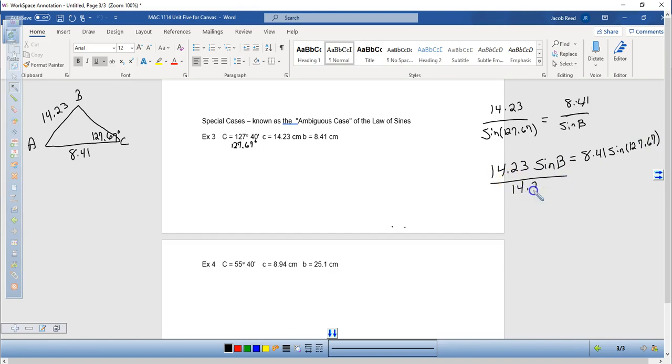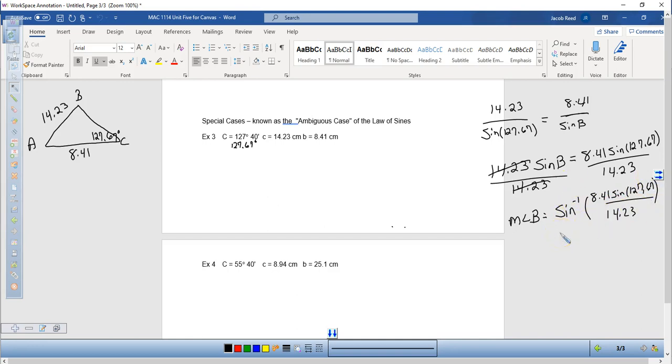I'm going to divide by 14.23, and then take the sine inverse of both sides, which means I'm solving for the measure of angle B, which is going to be the sine inverse of 8.41 sine of 127.67 over 14.23, because I really want to know what this angle is.